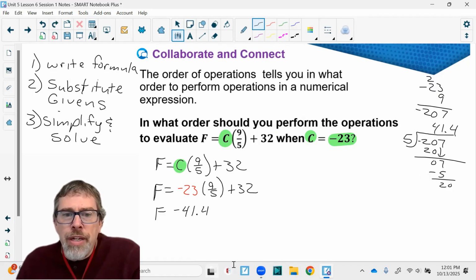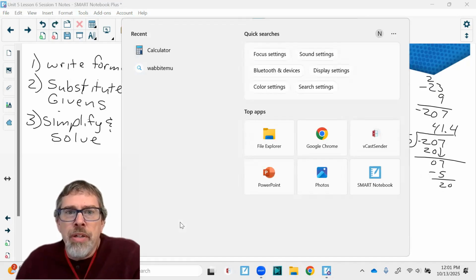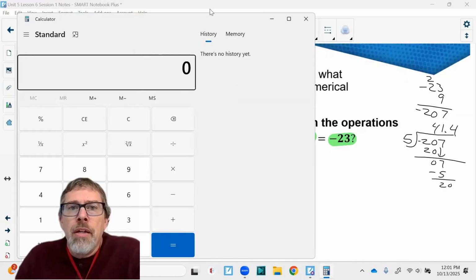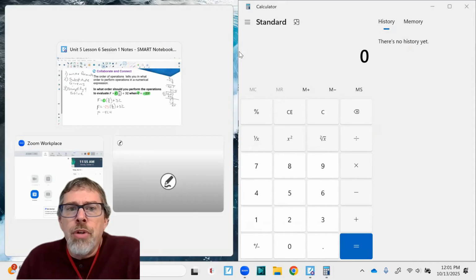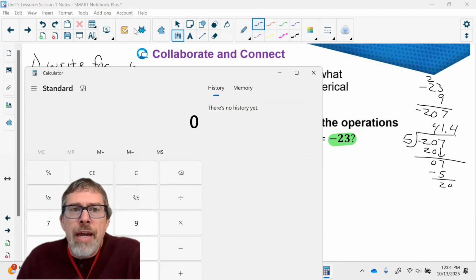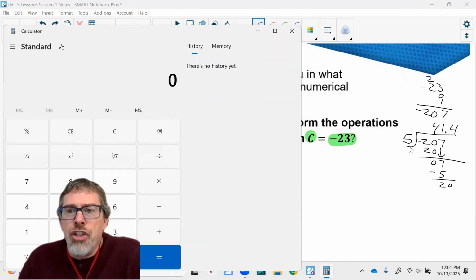And you can always use a calculator to check your answer, but you shouldn't use a calculator to do a problem. Always try to do a problem without using the calculator and then check.